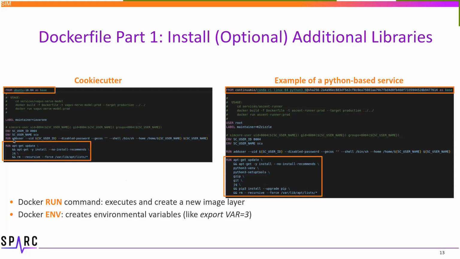The only drawback is that if you put a lot of RUN statements, then the final image might be a bit bigger, because it has to store more information. We also see the ENV statement. This is to create environment variables you might need for your code, for instance, and this is equivalent to doing an export of a variable in your terminal.